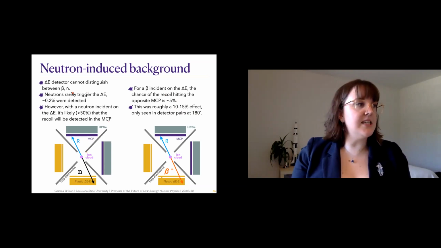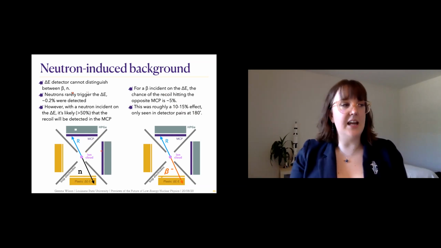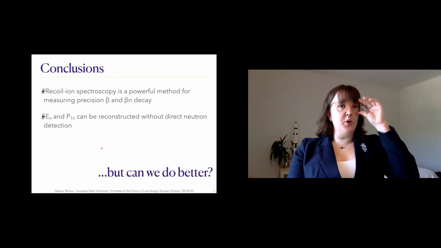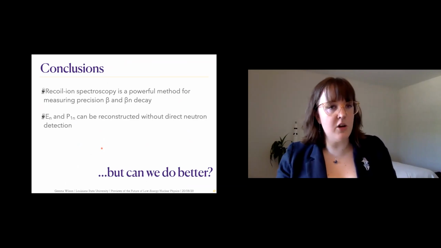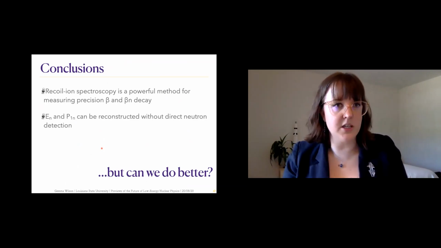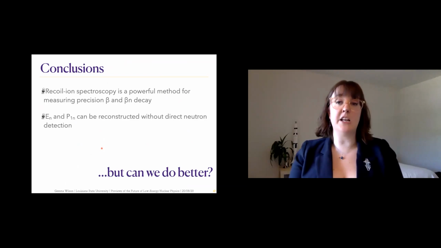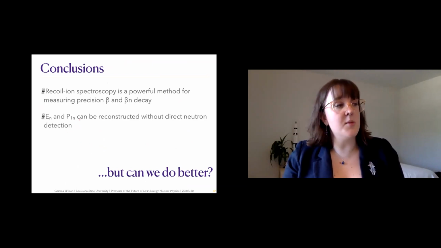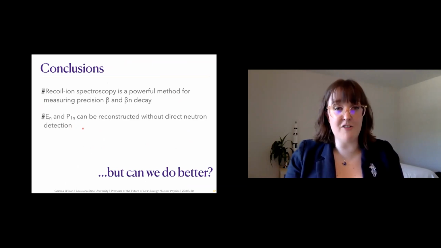So in reality, this was simulated and then the effect was subtracted off the data like an efficiency essentially. So in conclusion, recoil-ion spectroscopy is a very powerful method for measuring beta decay and beta neutron emission, and we can reconstruct the energy and the probability of beta neutron emission without needing to directly detect the neutron.